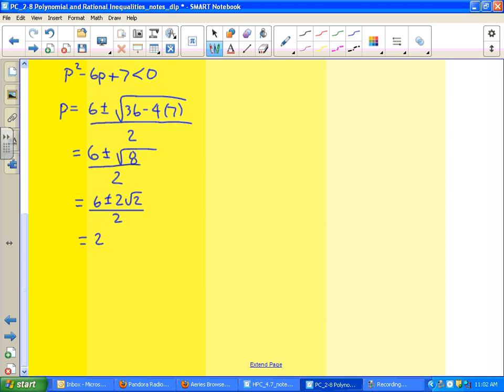Factor a 2 out of the top. Cancel. And I get 3 plus or minus the square root of 2. Those will be the zeros.